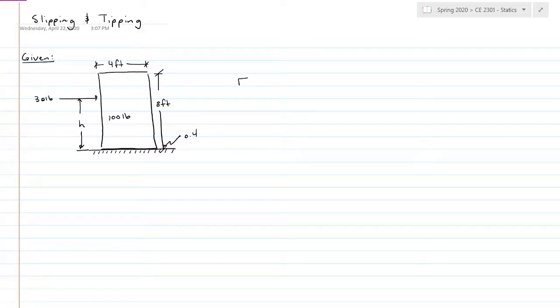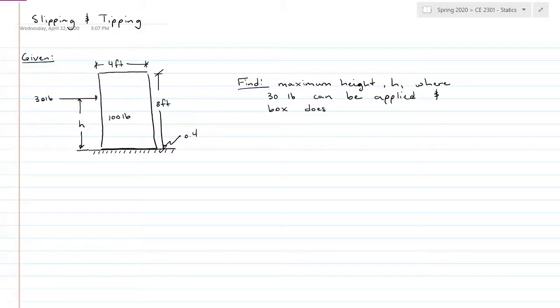And I want to find the maximum height h where 30 pounds can be applied and the box does not tip.